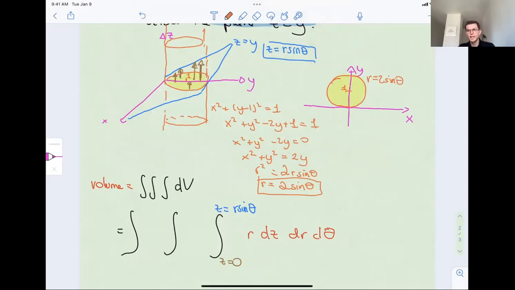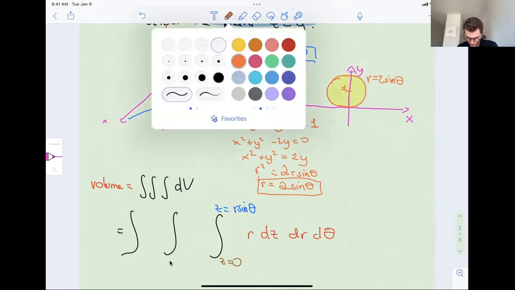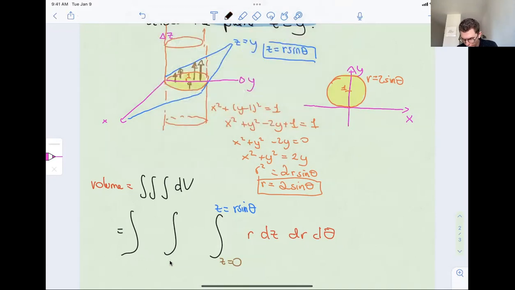That's the thing about this problem at this point: you totally forget about the 3D picture now, and you just focus on this picture. So what are the bounds? Think of it as a polar coordinate problem. What are the bounds here for r? Where does r start? Remember that in polar coordinates you have to draw arrows which are radial.